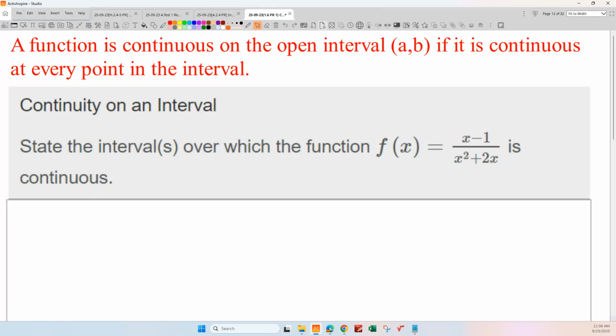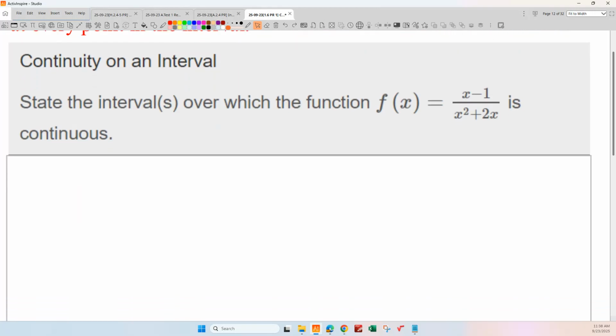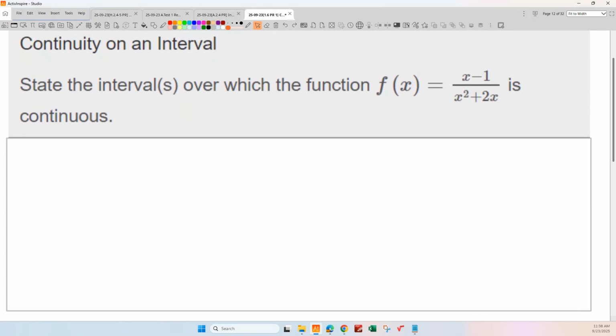Okay, so let's look at a function like this one. State the intervals over which the function is continuous. Well, again, it's continuous every place except the places where it's discontinuous.